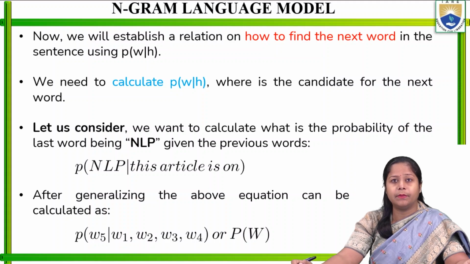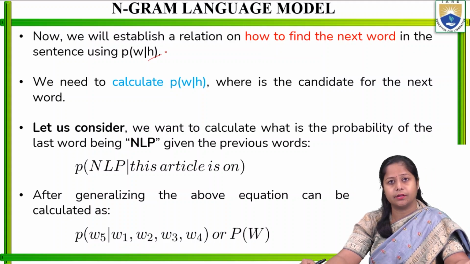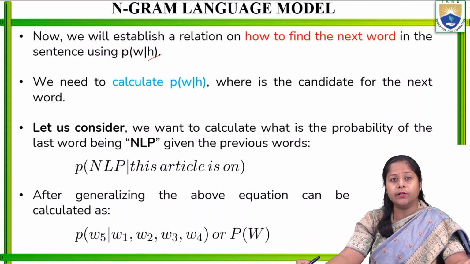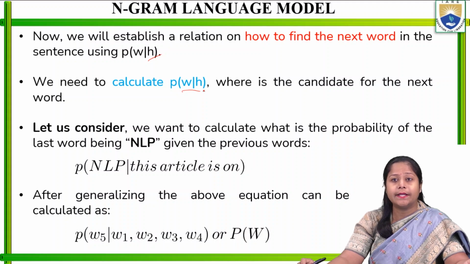Now we will establish how to find the next word in the sentence using the probability of W given H. We need to calculate the probability of W given H, where W is the candidate for the next word.